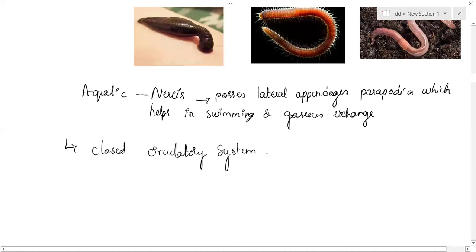Here the blood of annelids, or the blood of earthworm, is red. Why is the blood red, ma'am? Because of hemoglobin.